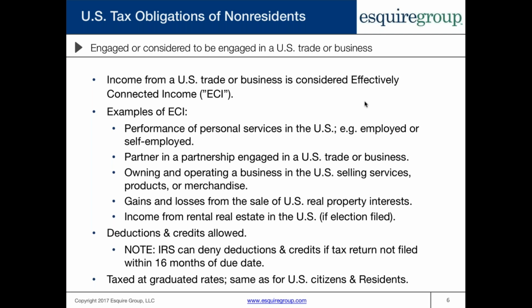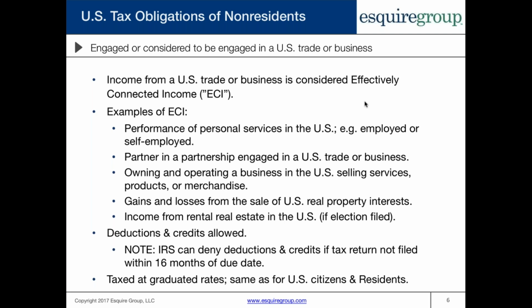That restaurant would be considered a U.S. trade or business, and the income from that restaurant would be effectively connected income, and this non-resident German partner would be required to file a tax return to report his portion of partnership income. Owning or operating a business in the U.S. that's selling services, products, or merchandise would be considered a U.S. trade or business, and the income therefrom would be effectively connected income.